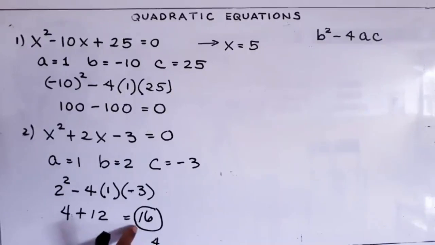So if this is a perfect square, we have 2 solutions. Perfect squares are 1, 4, 9, 16, 25, 36, 49, 64, 81, 100, and so on, and we have a square root for that. Then we have 2 solutions.